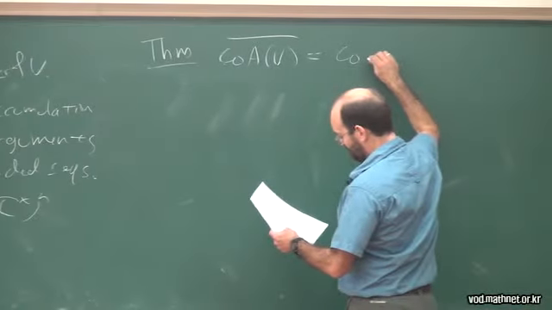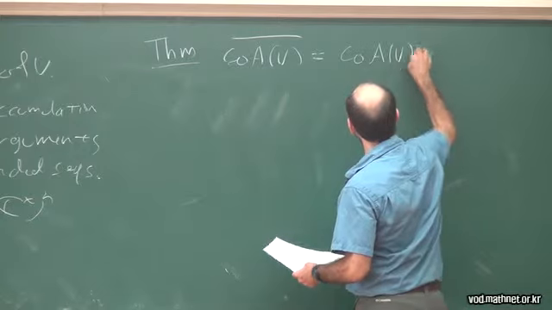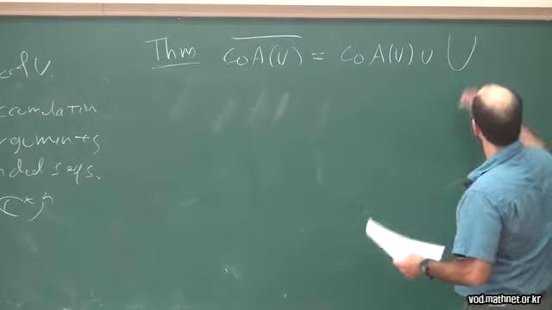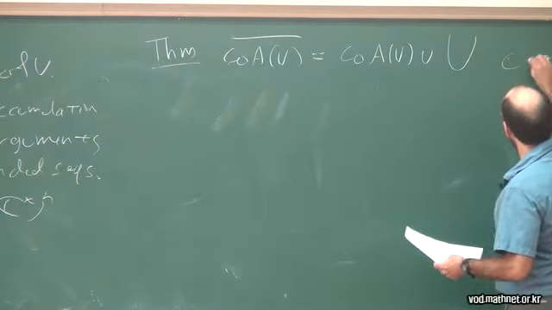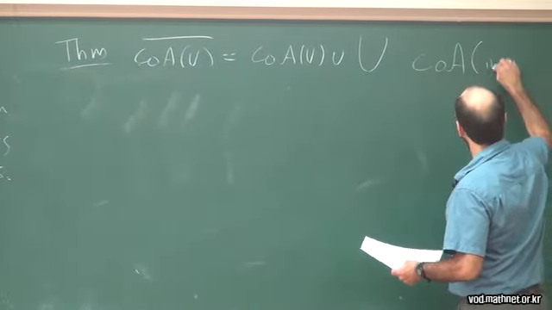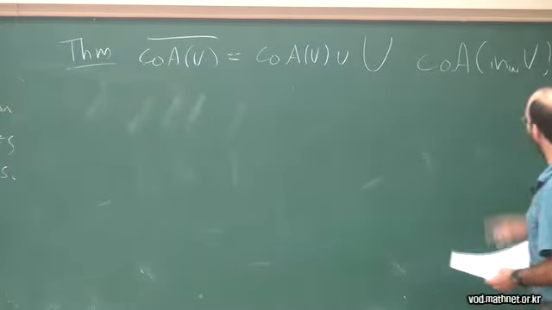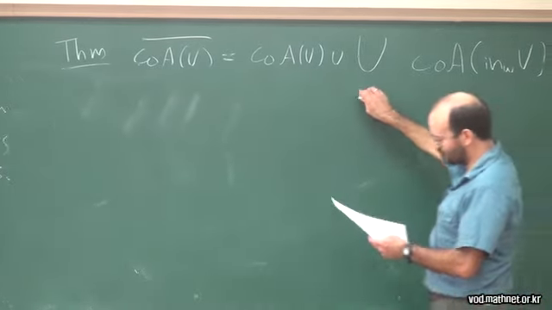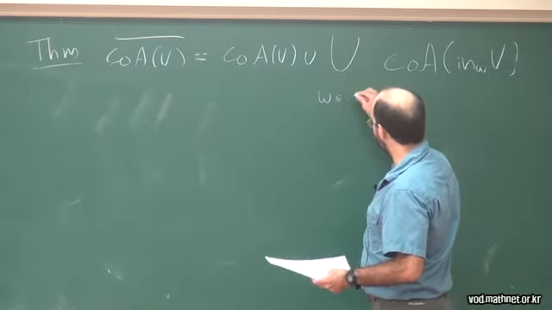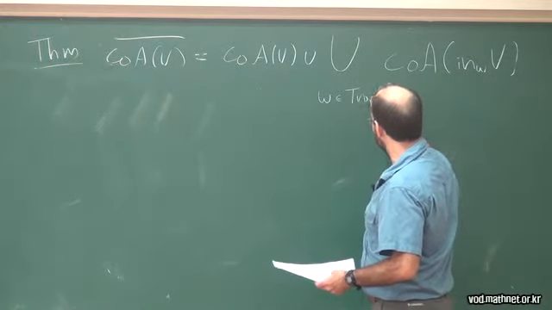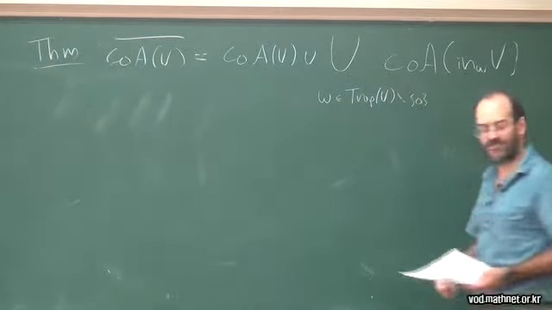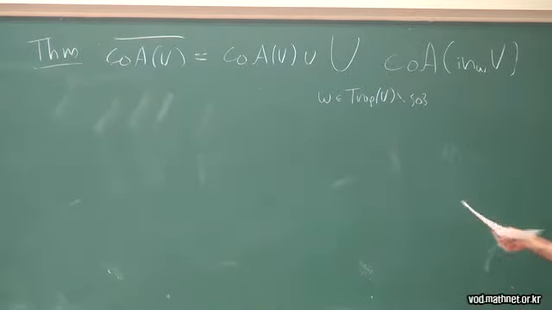It's the coamoeba of V together with a finite union of other coamoebas of varieties constructed from V. And here W ranges over points of the tropical variety of V minus the origin, or maybe the logarithmic limit set of V. It doesn't matter if you know what those mean.